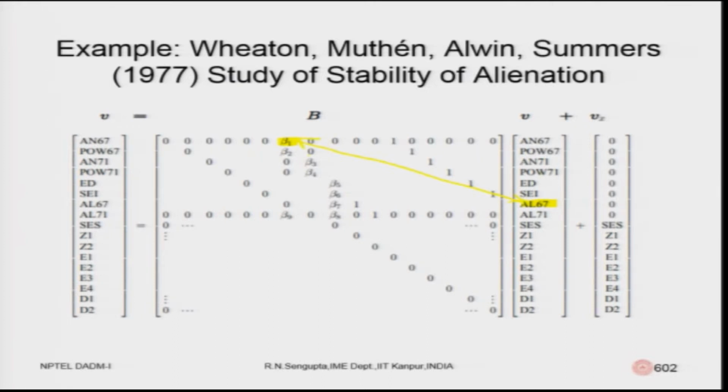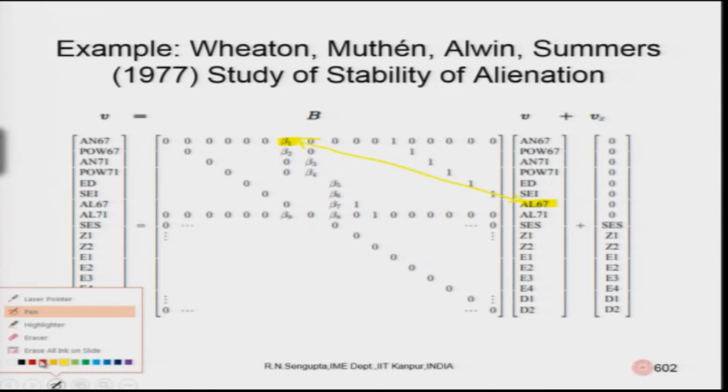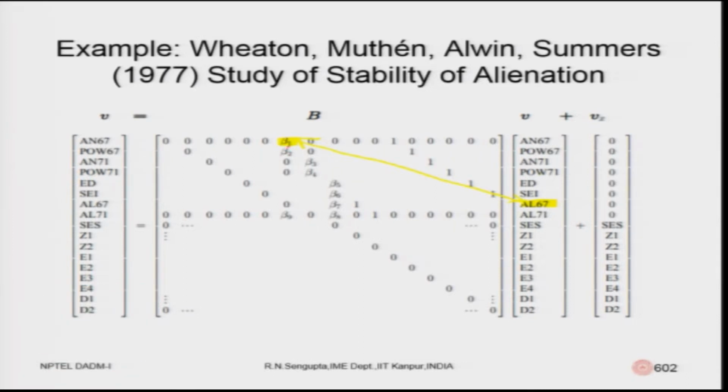When I go to beta 2, this is beta 2, which is in the second row. So, when you multiply, again it will come into alienation, but with a factor of beta 2, provided we are considering 71 and 67 separately. So, once you do that, you will basically have a set of factors which are like this.